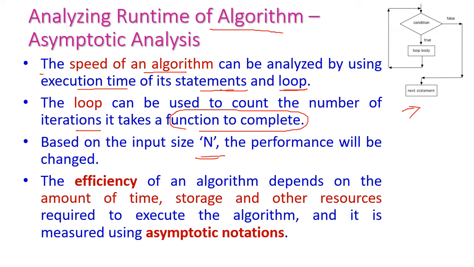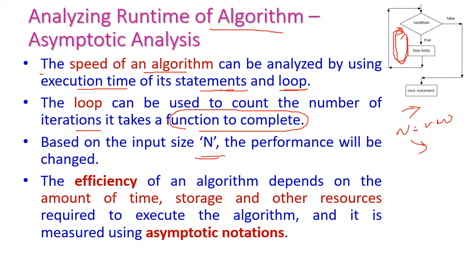Suppose the input size is small, then the number of iterations in the loop will be very few. Suppose the input size n is a very large number, then the number of iterations in the loop will increase greatly. So this will directly affect the efficiency of the algorithm.